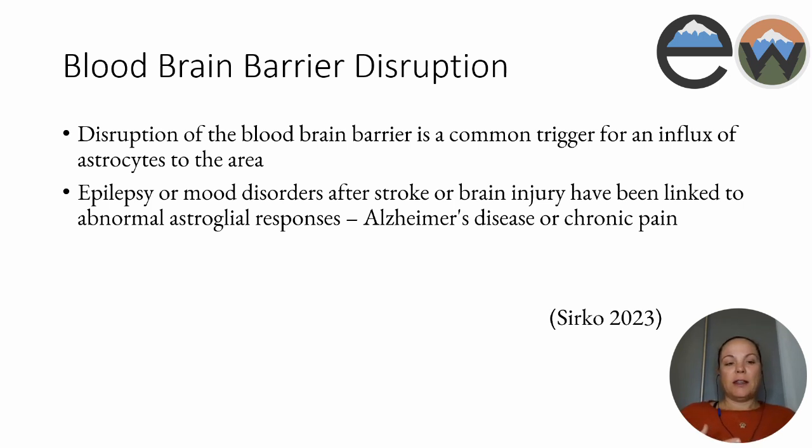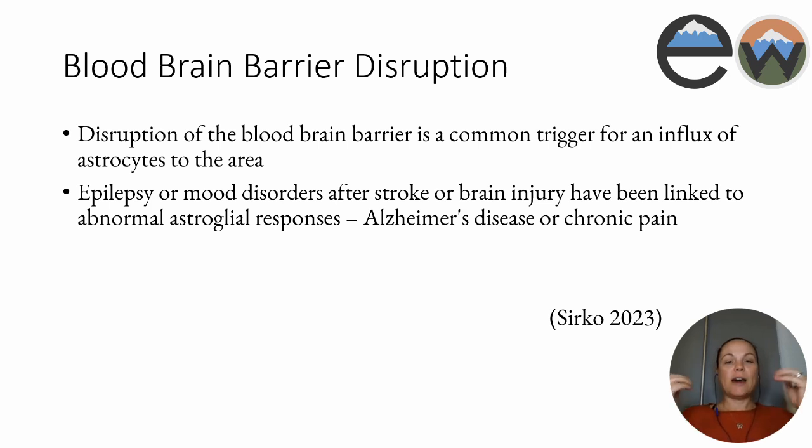So they did find that epilepsy, so seizure-like activity, and mood disorders that happen after a stroke or a brain injury are linked to abnormal astroglial responses. So there is an alteration of the astrocytes that are supposed to be communicating appropriately and are not anymore.